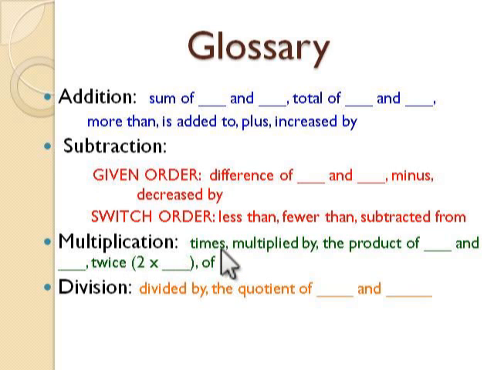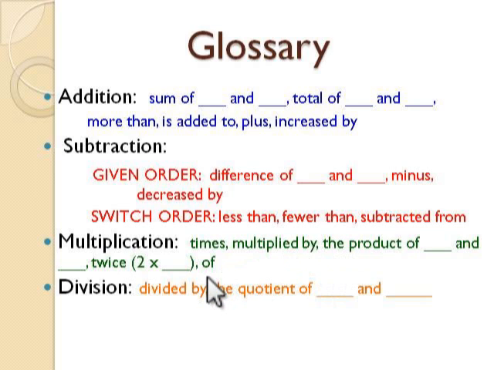Now let's skip subtraction for just a moment and look at our glossary for multiplication and division. If you see the word times, multiplied by, the product of blank and blank, or the word of, you're going to be multiplying. So the product of t and 5, t times 5.